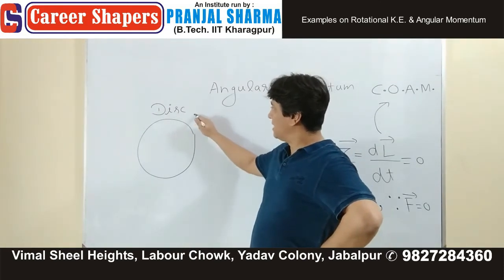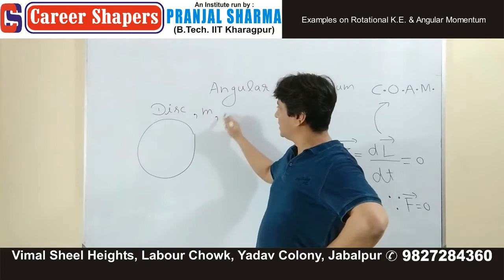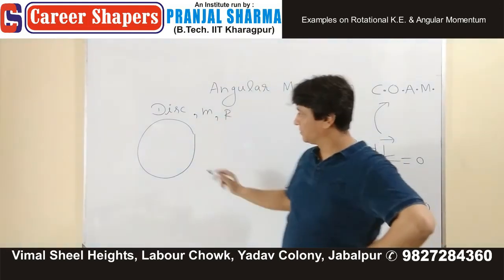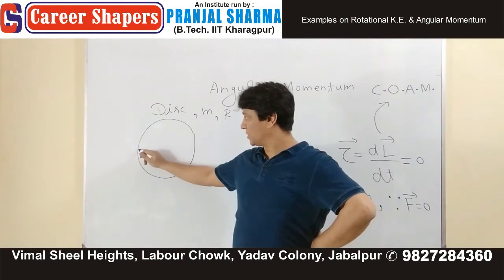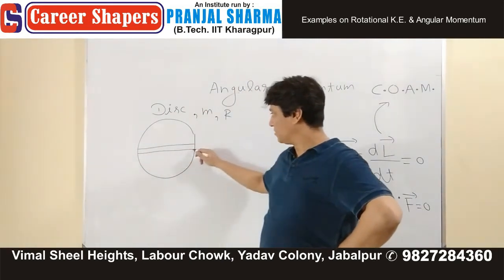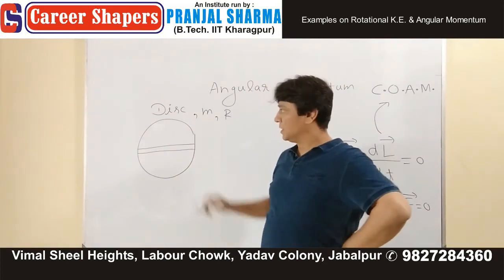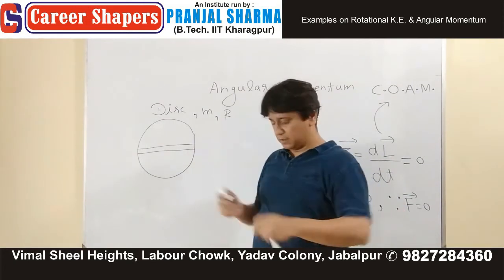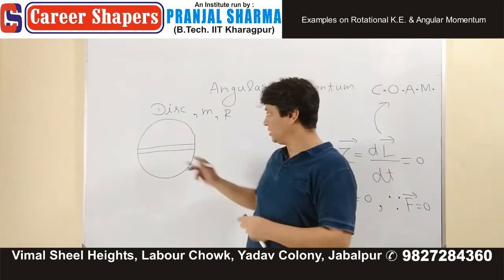Its mass is m, radius is r. Remember, it's a disc, it's not a ring. And in this disc, there is a groove along the diameter. The whole thing is in the horizontal plane. We have a groove, and in this groove, two tiny balls.